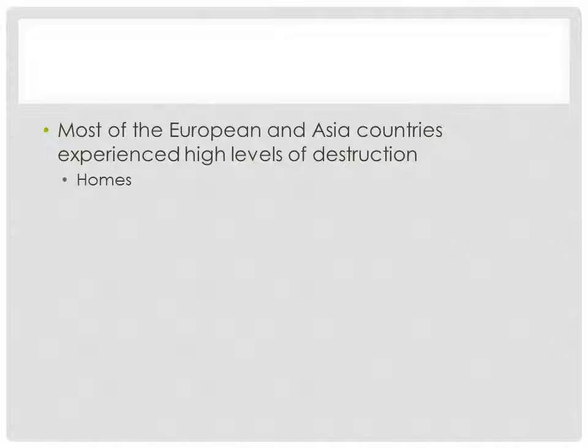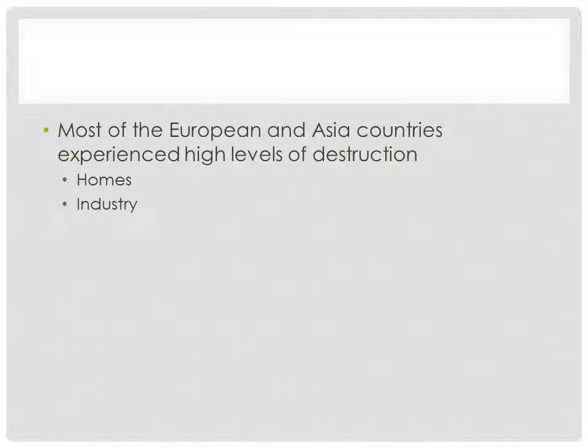We have massive destruction of homes. One of the biggest things that happens, of course, during the fighting of the war is the targeting of civilians and homes, one of the biggest things. And so we have a lot of people who are homeless, and countries are going to need to try to deal with these situations moving forward.